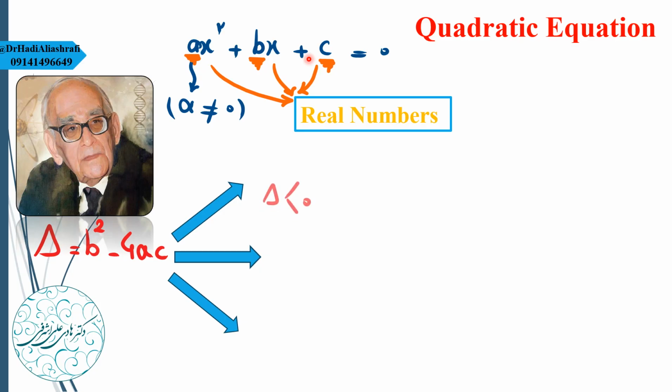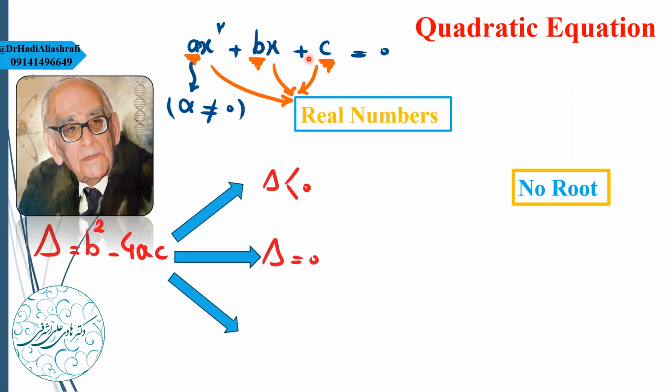The first type is this one. If the discriminant is negative, the equation has no real solution, or no root. Okay?